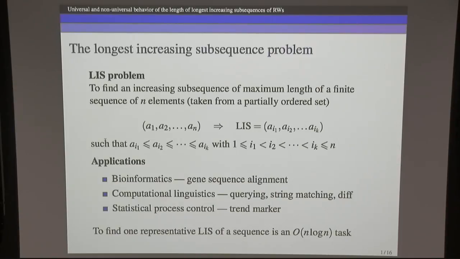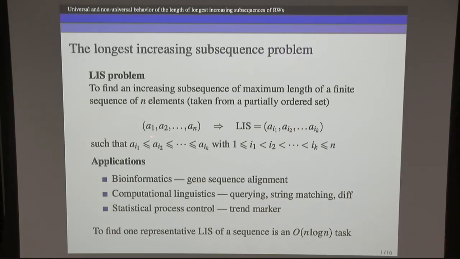Well, first we need to understand what is the longest increasing subsequence. If you have a sequence of numbers, or any kind of object that can be ordered, you can ask for an increasing subsequence of this series. So it is a subsequence within the sequence that has maximum length.